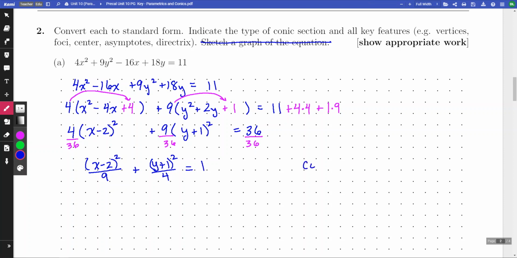For this case, our center is the point (2, -1). A is going to be the larger number, so the square root of 9, which is 3. B is going to be the smaller number, the square root of 4, which is 2.